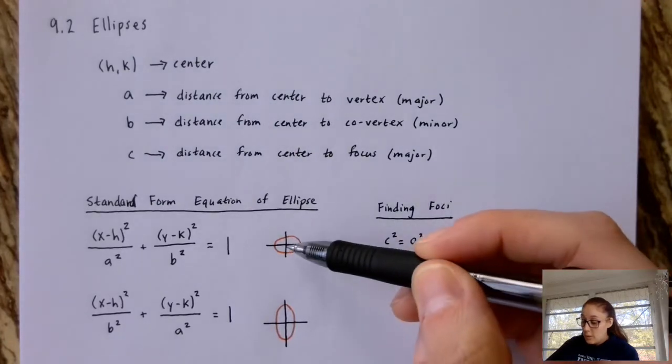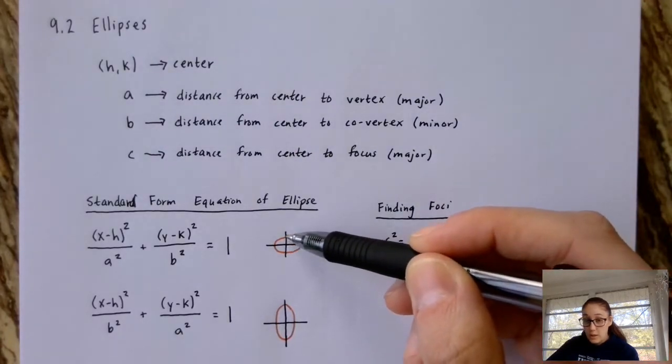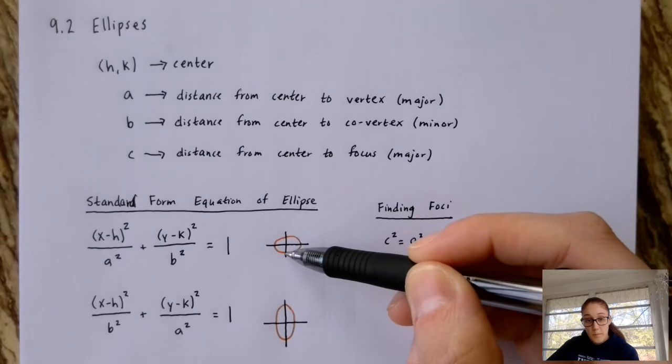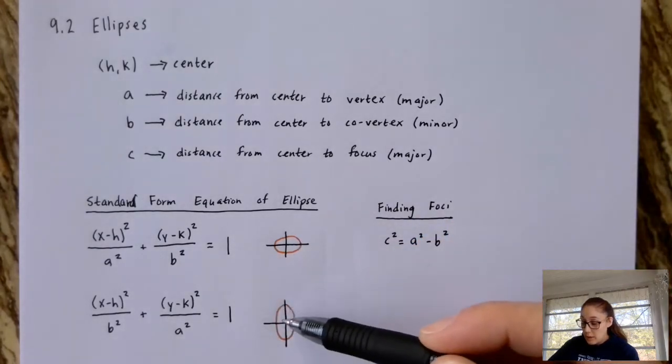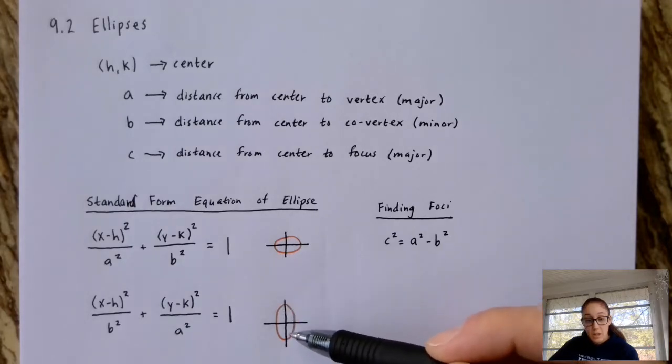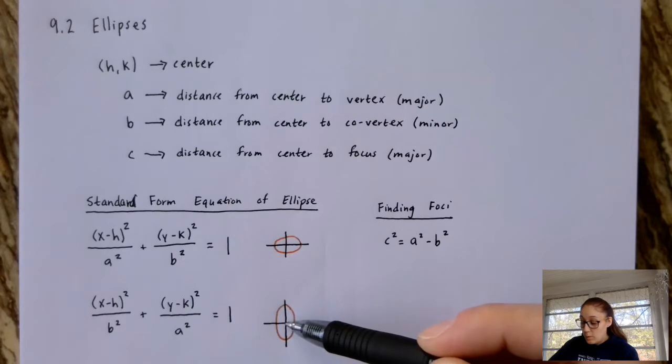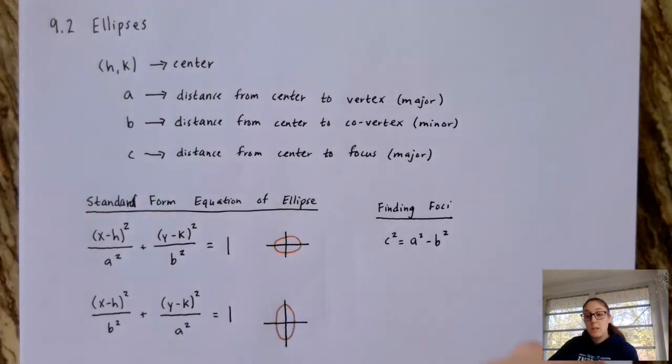In this example, the vertices would be here because y is the major axis, the longer axis. So a would be the distance from the center to here, and b would be the center to these two points. So it really depends on what orientation your ellipse takes.